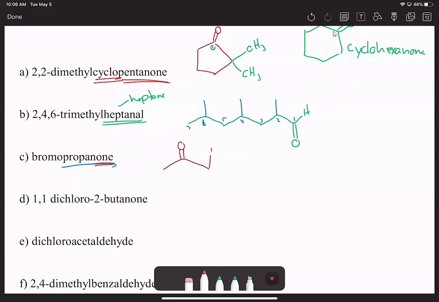So let me put a bromine on this propanone. This one's kind of odd here. I don't want there to be too much confusion, because normally when we name a structure, if I did this, I'd have to name it 2-pentanone.